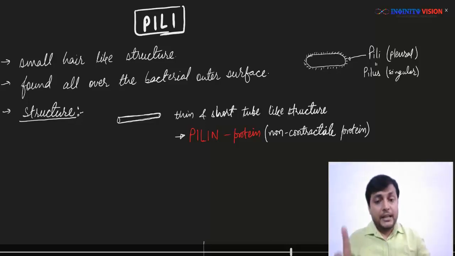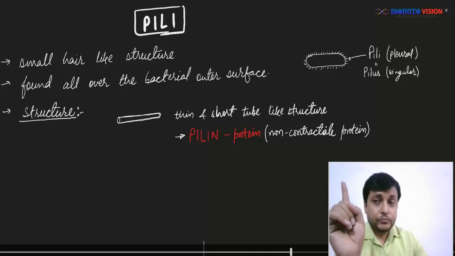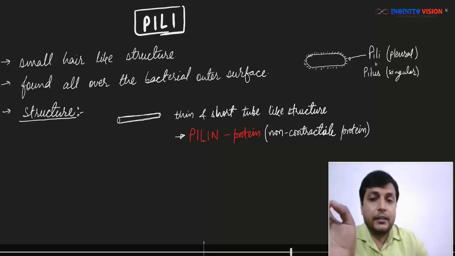So, pili is a short, thin, tube-like structure present all over the body of bacteria, and it is made up of a non-contractile pilin protein. One more thing, let me tell you that it is not necessary that each and every bacteria should have pili.